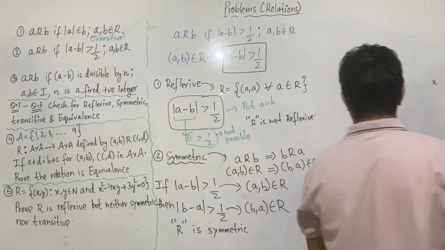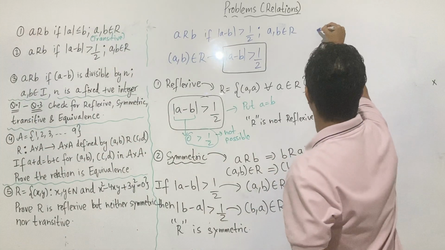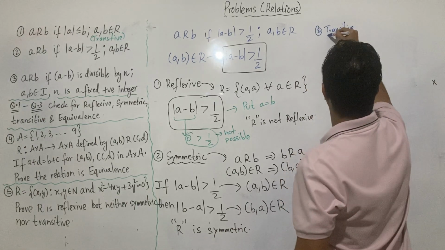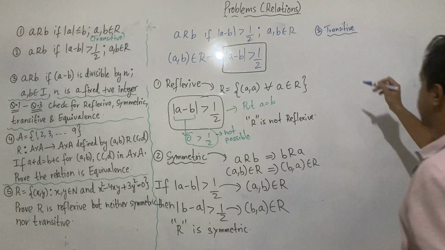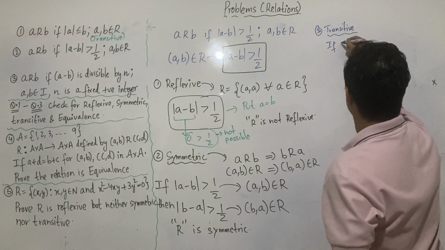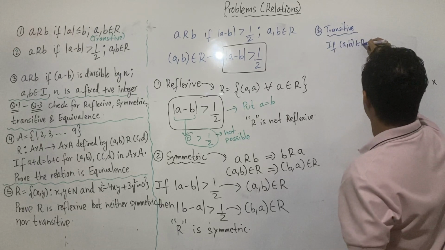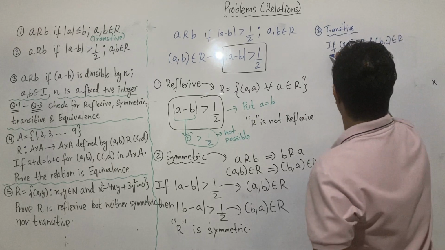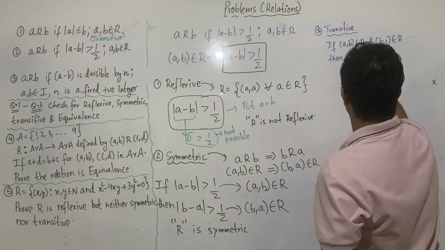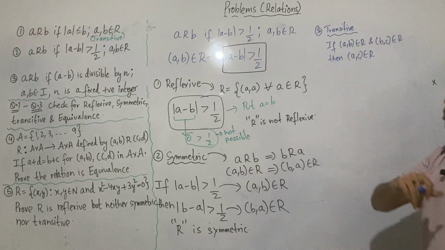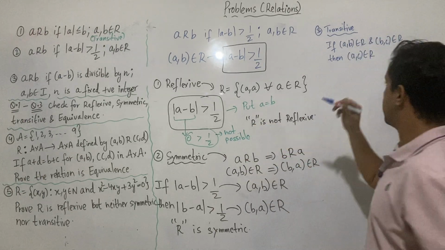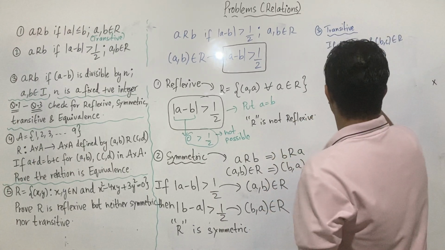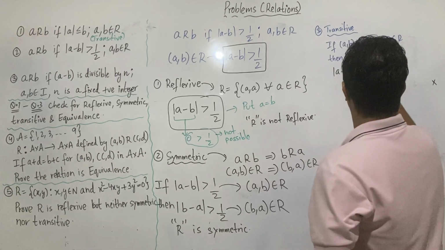Now come to the next one. We'll check for transitive. Transitive says that if (A, B) belongs to R and (B, C) belongs to R, then (A, C) must also be in R. Here we are given that mod of A minus B is greater than 1 by 2.